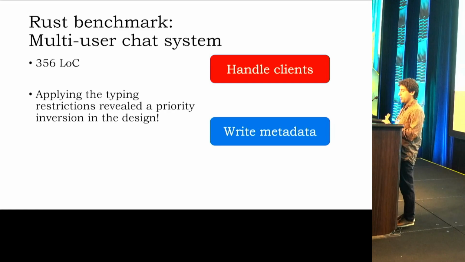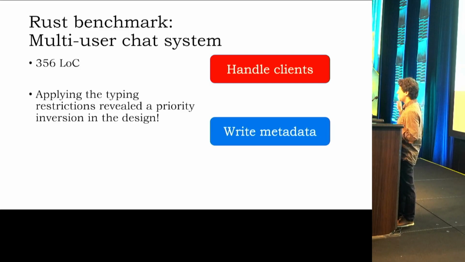So the benchmark that we have in Rust is a multi-user chat system. It's about 350 lines of code. It models one server handling a number of concurrently connected clients. Obviously, this is a chat system, so we wanted to maintain high responsiveness to incoming messages.